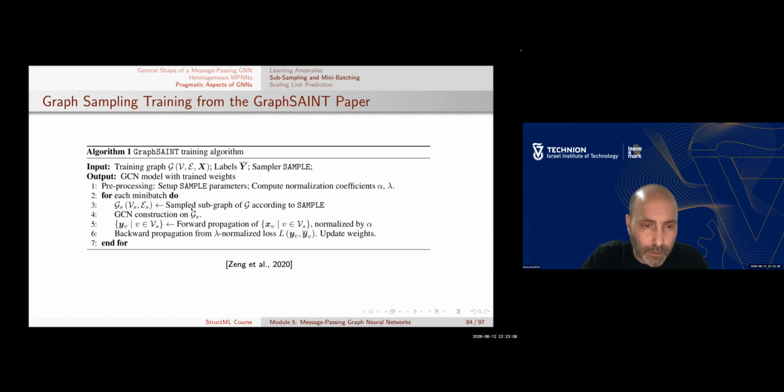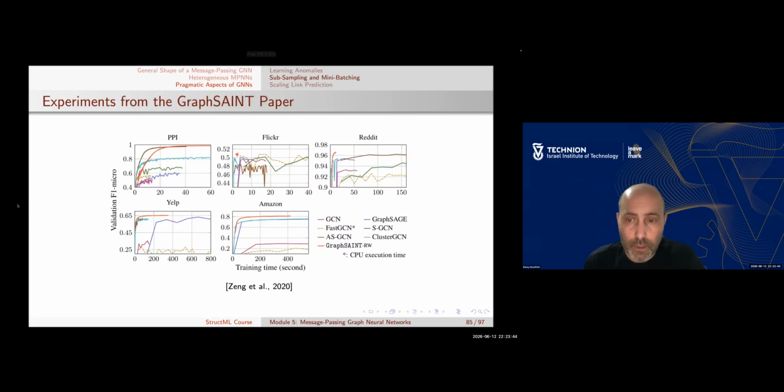We apply the construction to this graph. We define the model for this graph. Then we apply the forward propagation, nothing special, and then backward propagation with some standard loss and update the weights. This is exactly the same thing that we have in a standard model. Nothing here is special, again, except for this part where we say you need to sample a graph. That's the main message here.